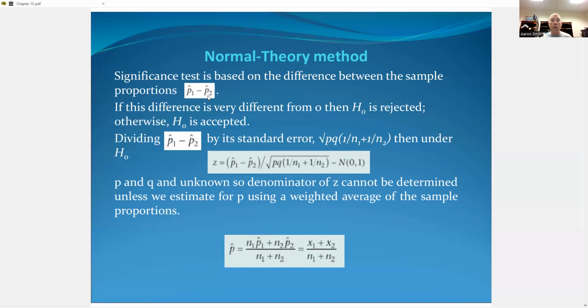If P1 is equal to P2, then my best approximation of the overall proportion is to take all the successes divided by all the opportunities for success. We see that here in the P. Now this Q is 1 minus P. In statistics, we write Q for 1 minus P because it comes up so often, to give us a little less to write out. We're just being lazy.